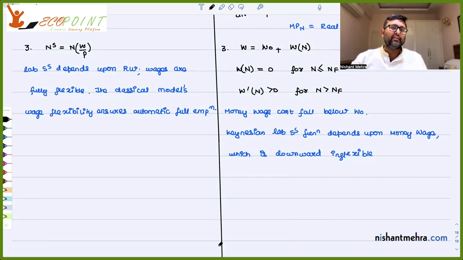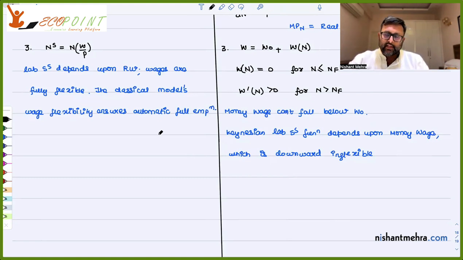Keynesian wage rigidity in a way allows for underemployment equilibrium. If money wages are rigid, firms are forced to give this higher money wage. The market wants to give less wage, but the law says you have to give this money wage only. So the market says fair enough, we will give this money wage, but we are not going to employ this many people.